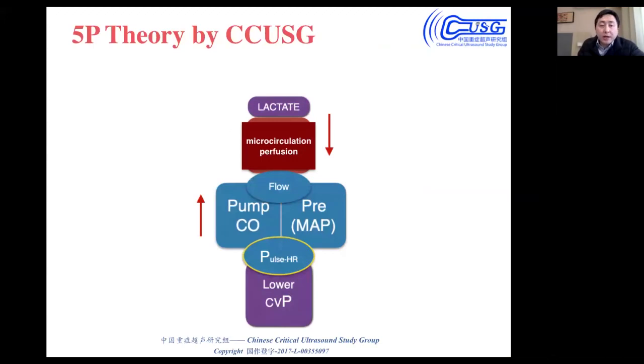So in summary, the 5P theory is very valuable for us to optimize the treatment of the patient under shock and to get high quality treatment to cure the patient under shock.